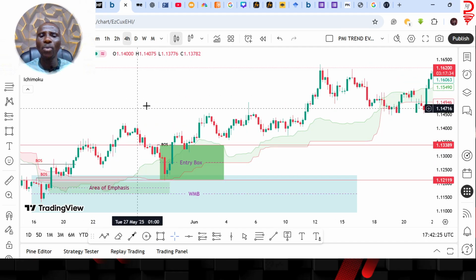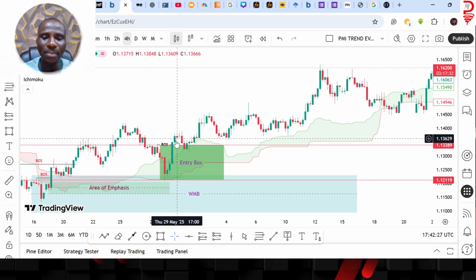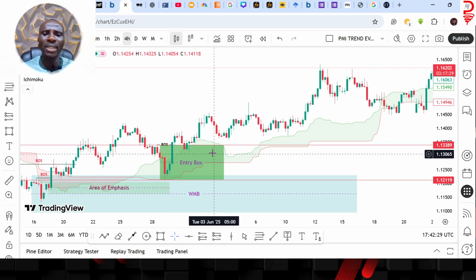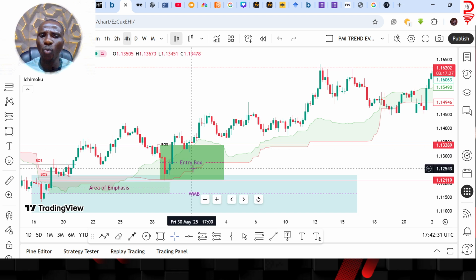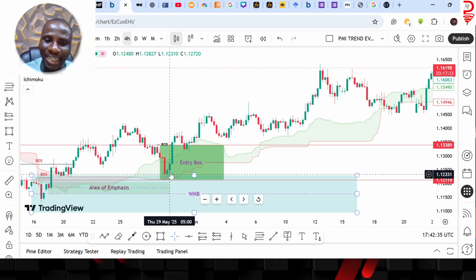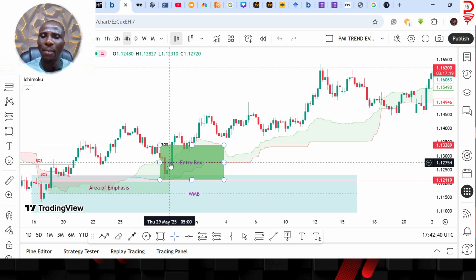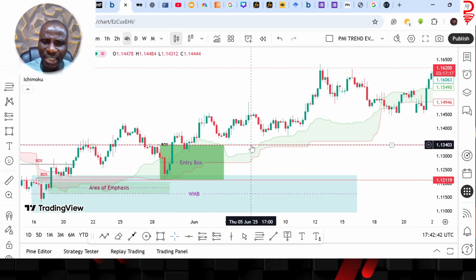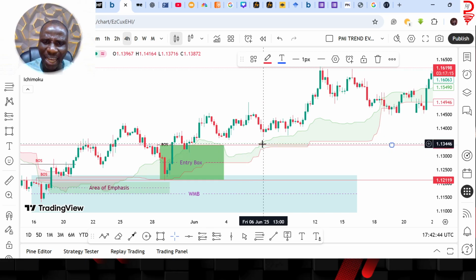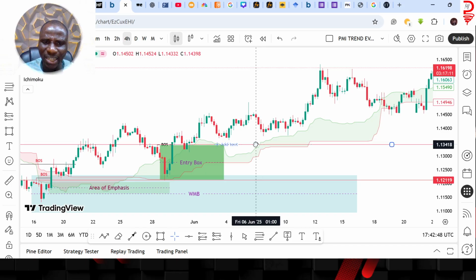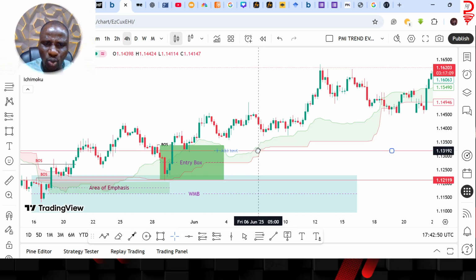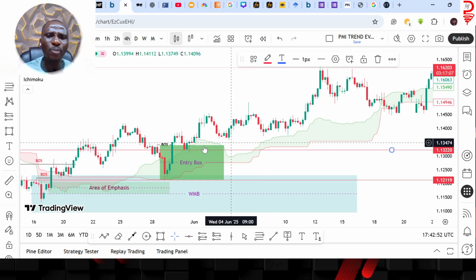Now, in some cases, don't let me say most cases, the entry box is very wide because the move that created the break of structure, or the engulfing move, is very sharp. So you can reduce it a bit, so that instead of entering the market exactly at the beginning of the entry box, I just want to create a little clearance.